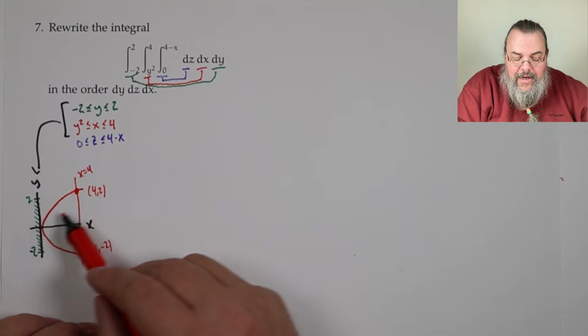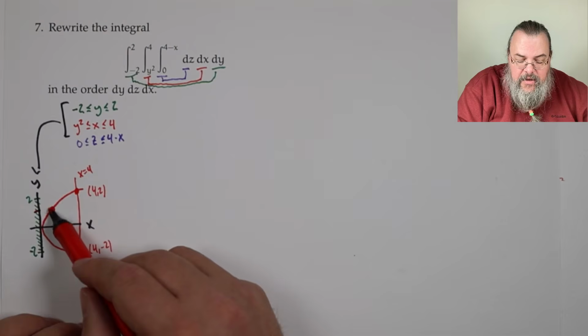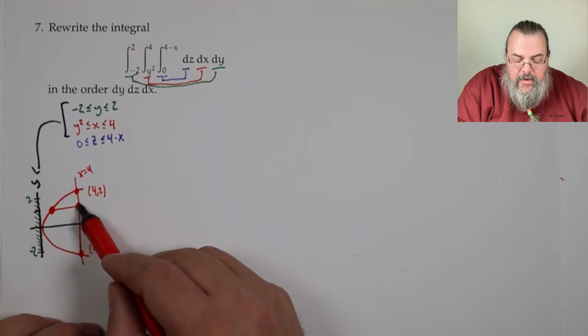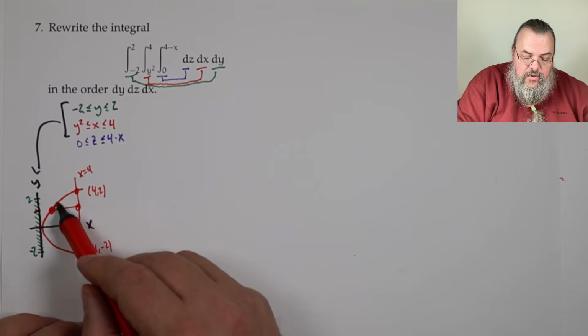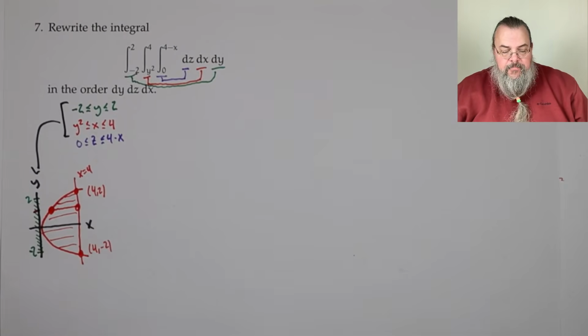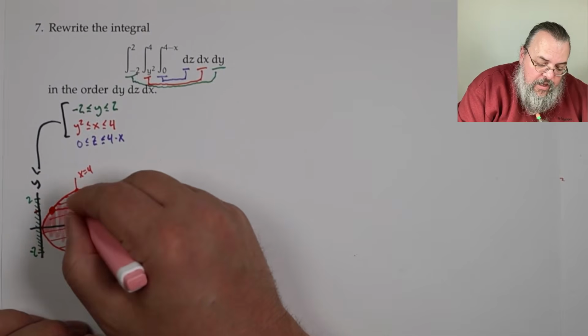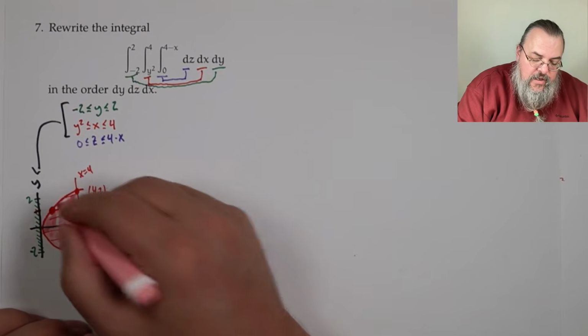Low to high. So if you pick a y value, we start at the y squared and go to 4. So the shape, our region, is that portion there. All right, so that is what's going on in terms of the xy portion, the outer two layers.